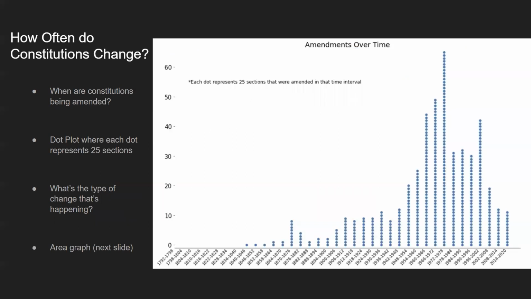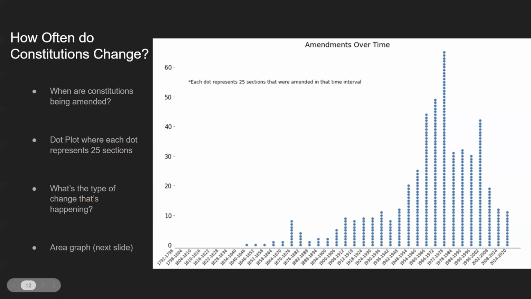Secondly, I wanted to see how much change there is over time. Are the constitutions constantly being amended, or are there moments when the change happens more often? So I created 6-year time intervals and decided to visualize this using a dot plot where each dot represents 25 constitutional sections that have been amended.